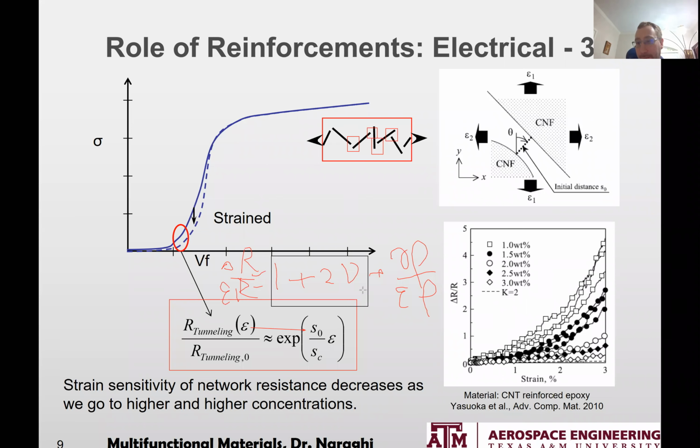That's why in this graph, they plotted this line, which corresponds to the case where K is equal to 2. K is basically the ratio of delta R over R over epsilon, the relative change in resistance for a unit of strain.